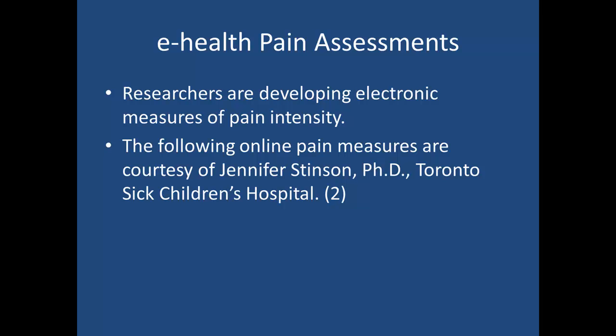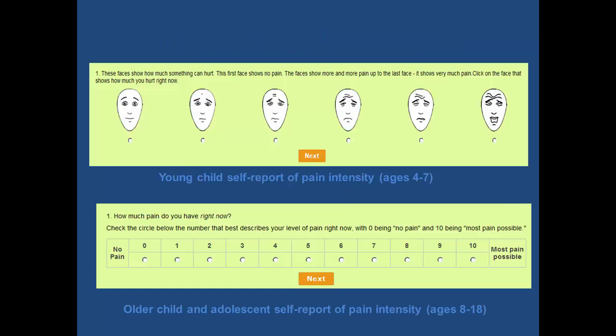So researchers are now developing electronic, or what are called e-health, pain assessments. The measures that you're about to see are courtesy of Dr. Jennifer Stinson at Toronto Sick Children's, who's done a lot of work in this area. The top part you see is the self-reported pain intensity for children 4 to 7 years of age using the FACES scale.